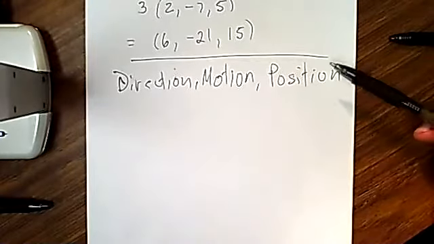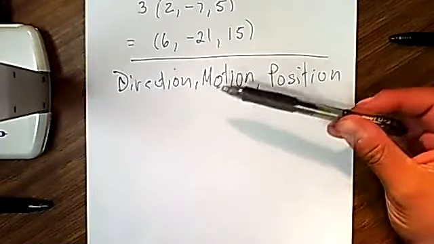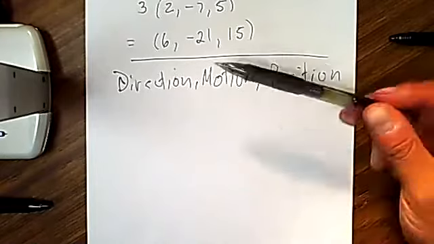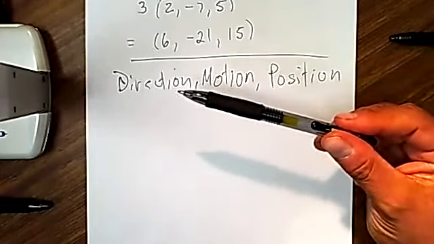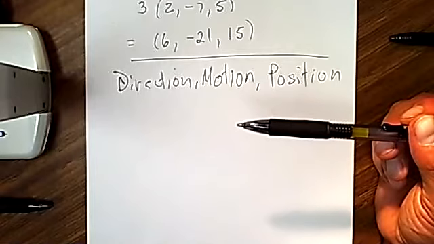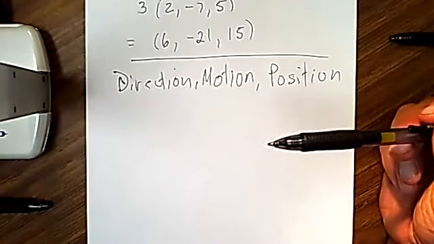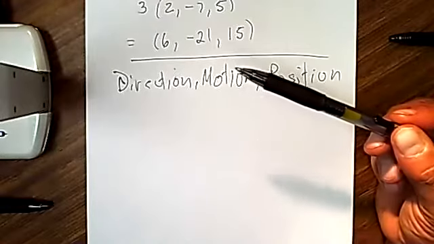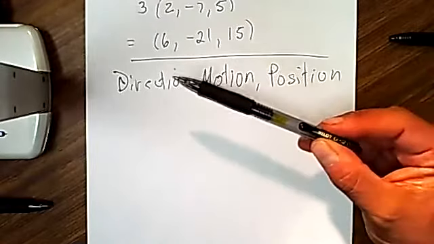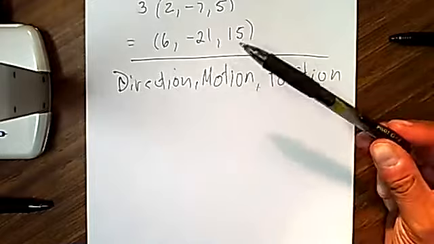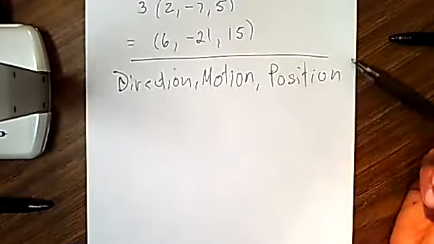It can represent a position in space. It can represent a motion. It can represent a direction. And it can probably represent many other things, but we are mostly interested in the representations of vectors as far as directions, motions, and positions.